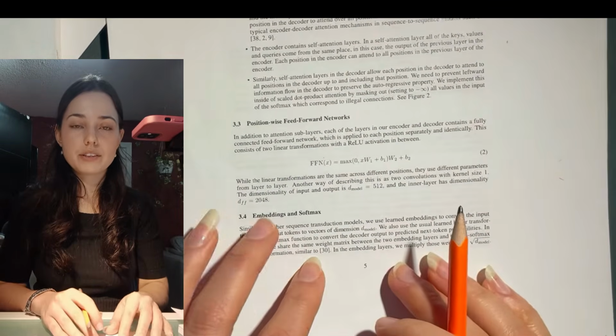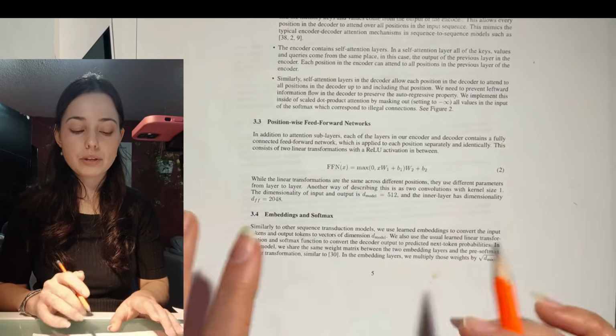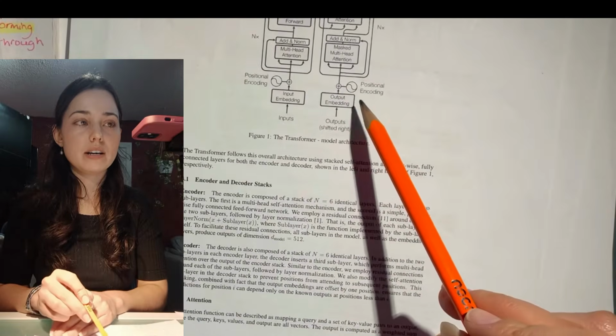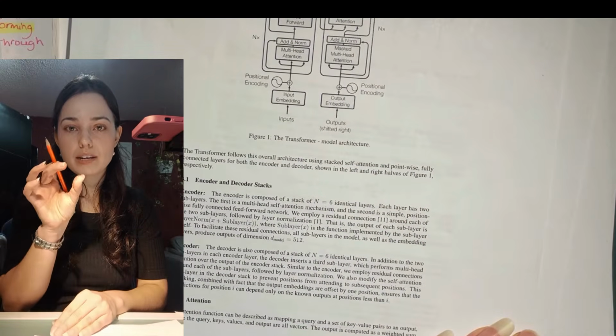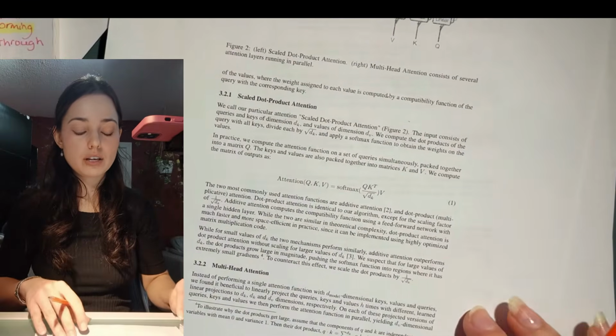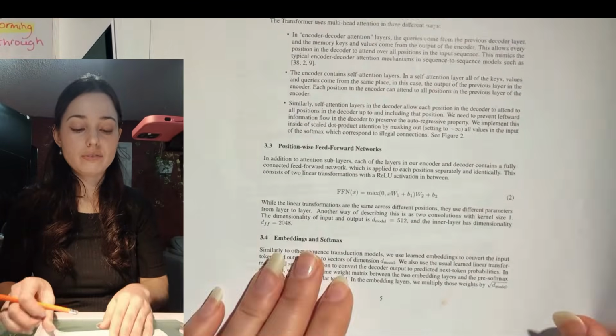Then they get into other preliminary stuff, including embeddings. So the embedding is the part that takes in the word and puts it into some kind of embedding space. So some kind of space where it's a higher dimensional vector representing each word. So they talk about that. They also talk about the softmax.